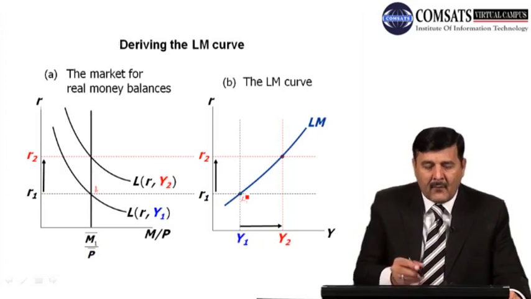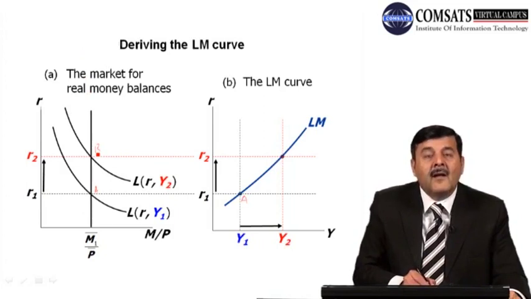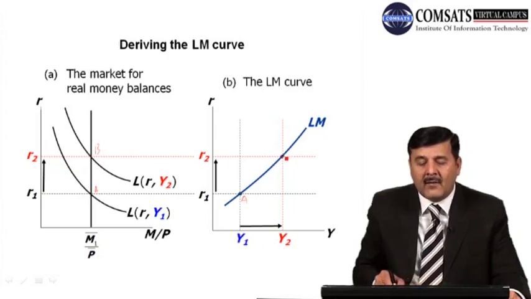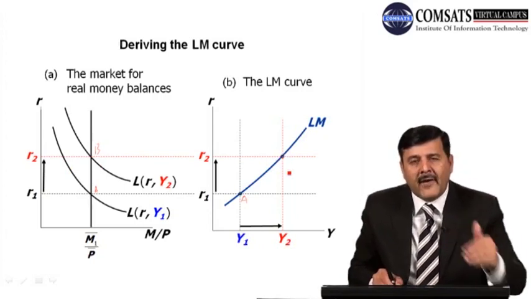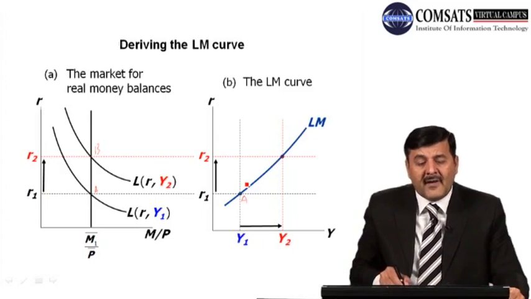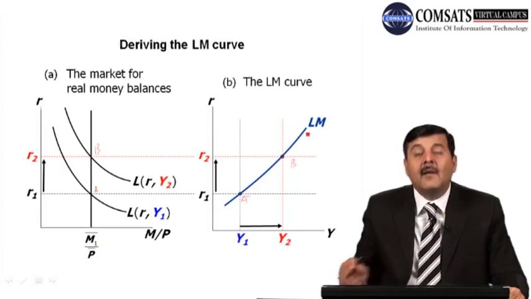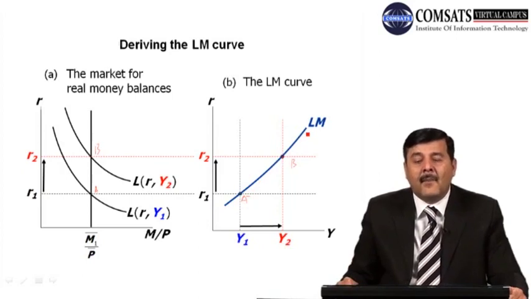So what will happen? The money market reaches a new equilibrium at point B, where demand for money is intersecting the supply of money curve. Now corresponding to this point we have another point, where with the increase in R, the demand for money has increased, and with the rise in the rate of interest, what will happen to the income here? We have a point B in this diagram. Now if we combine these two points in the money market, we will get the LM curve.